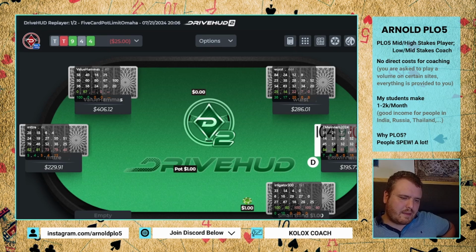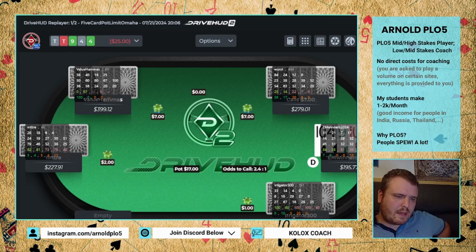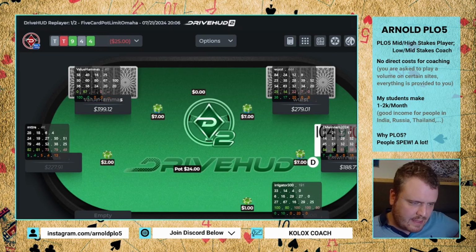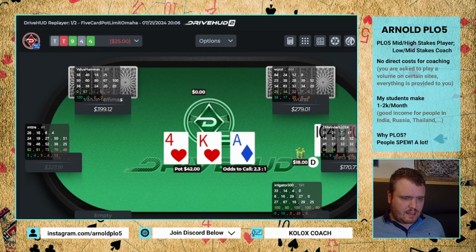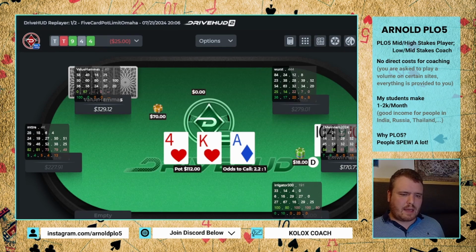Okay, this one was... Solver never plays like that, but he open raises early position and then goes over the top massively. I like to check fold here.